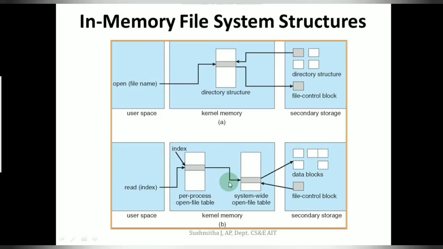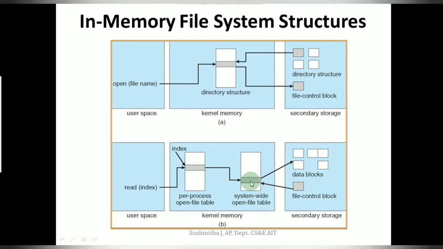So how long will this entry in the per process open file table remain? It will remain until the process closes the file. Once the process runs the close system call, the entry from the per process table shall be removed. And what about the system-wide open file table?